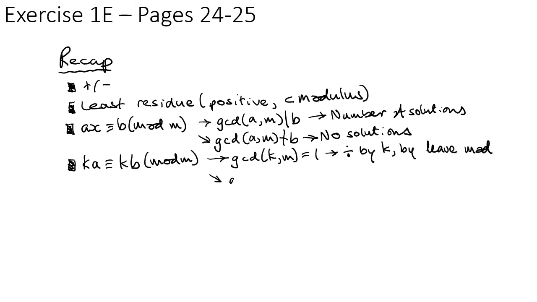Whereas if the greatest common divisor of K and M is not equal to 1, let's call it D, then we still divide both sides by K, but we need to divide the mod by D.